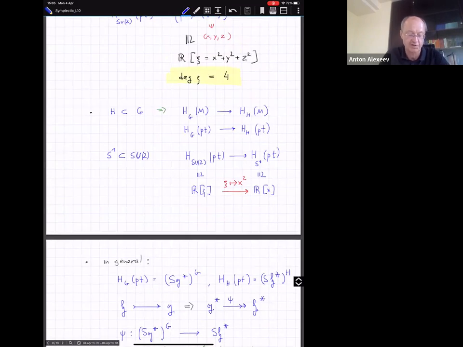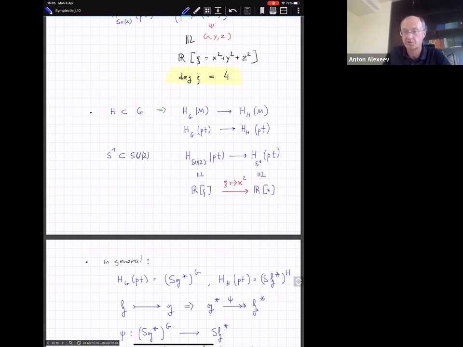You see, we have polynomials on R3, so we consider polynomials which are invariant under rotations. So these are polynomials in this Xi, which is just the sum of squares, x squared plus y squared plus z squared. And now we are restricting them to some particular coordinate axis, in this case the x-axis.